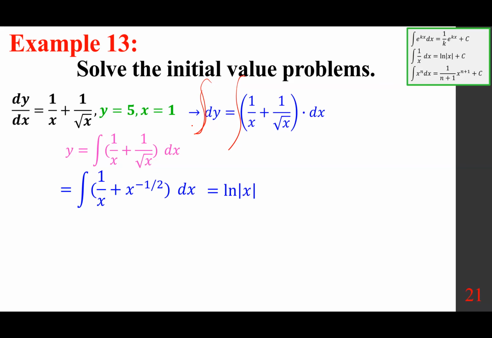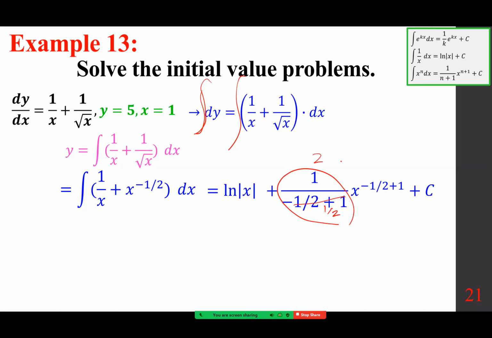The second part uses the power rule. So 1 over -1/2 plus 1, x to the power of -1/2 plus 1, and a constant. Of course, -1/2 plus 1 is 1/2. 1 over that is 2. So we have 2x to the power of 1/2, or 2 square root of x.